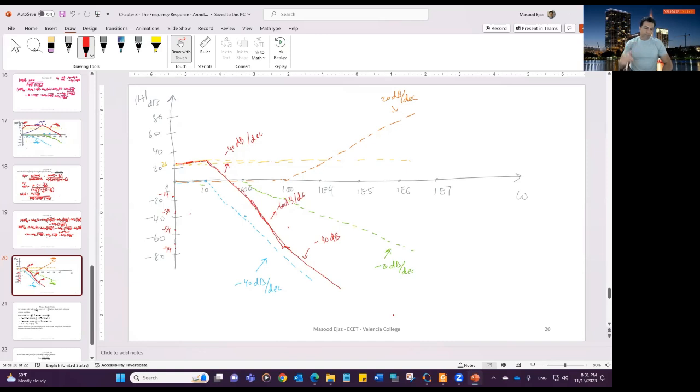If it is a pole, it's going to decrease by negative 40 decibel per decade or negative 60 decibel per decade, and power of 4 will be negative 80 decibel per decade. Single roots, of course, will always increase by 20 decibel or decrease by negative 20 decibel based on zero and pole. And the constant function, of course, you just have to put whatever the value of that decibel for all frequencies. And then you're just going to add them together to get the Bode plot.